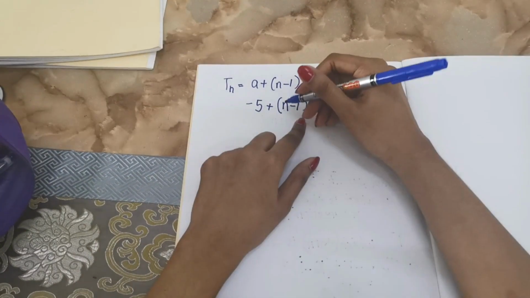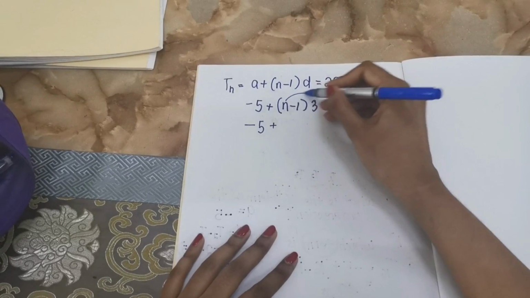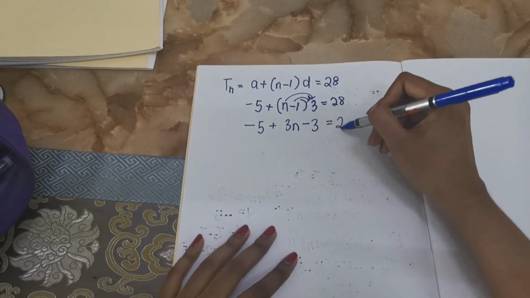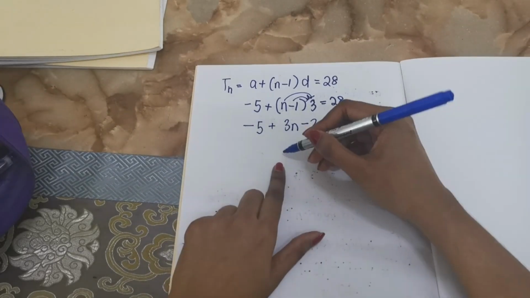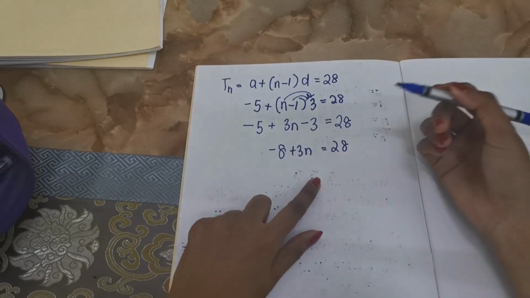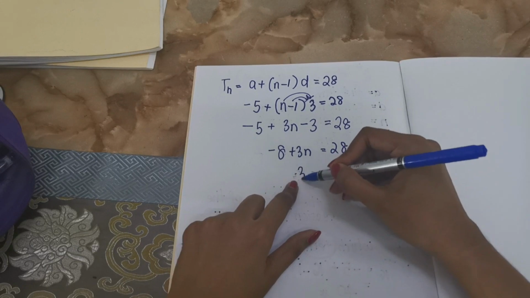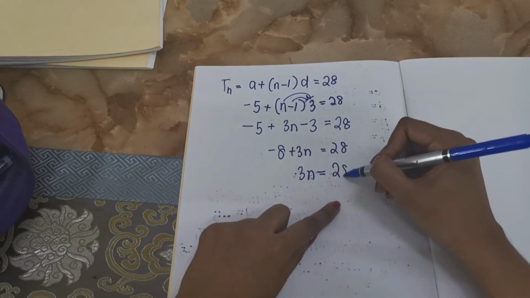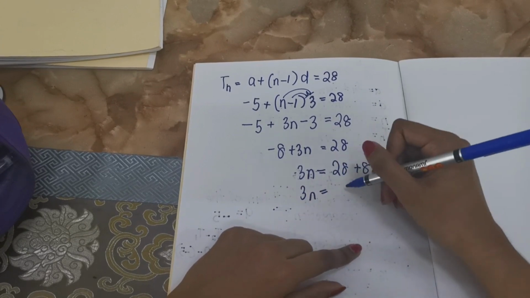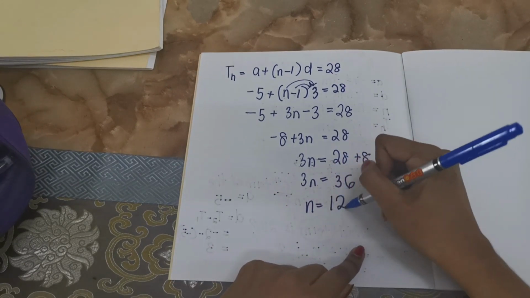Now I'm going to multiply in, so -5 plus 3n minus 3 equals 28. We solve here, -8 plus 3n equals 28. Then 3n equals 28 plus 8, so 3n is equal to 36, and our n will be 12.